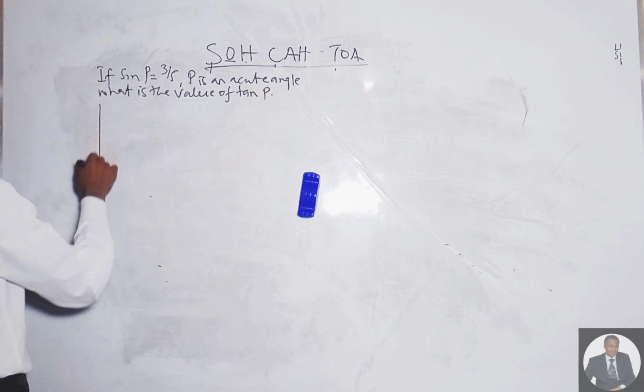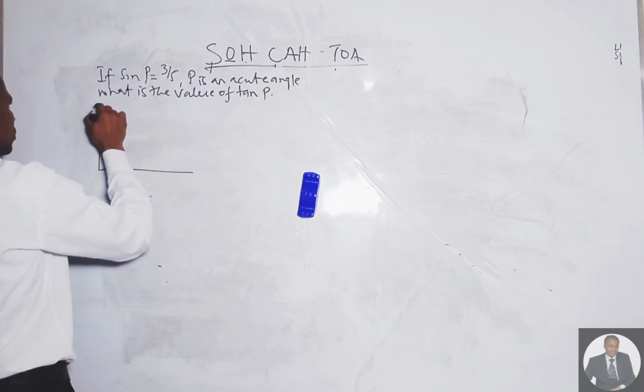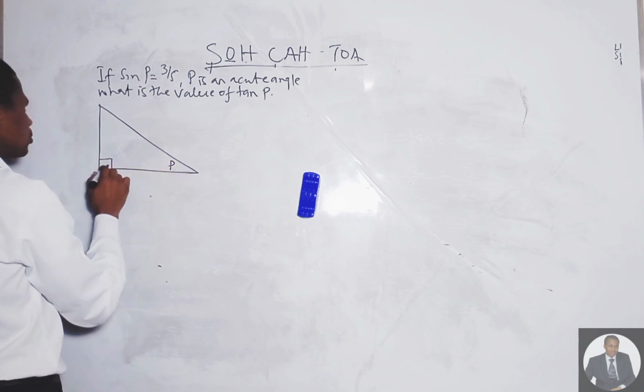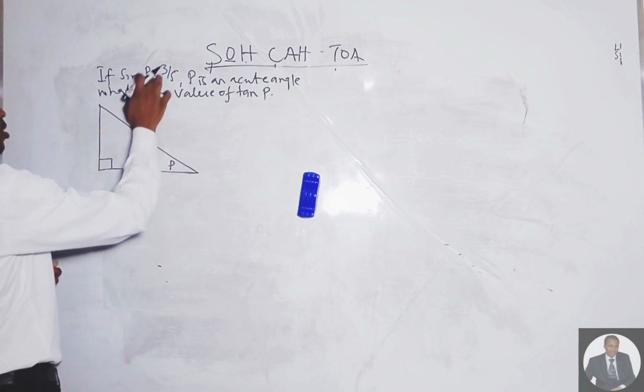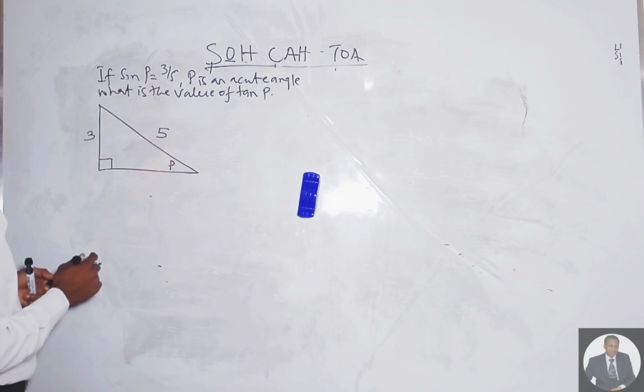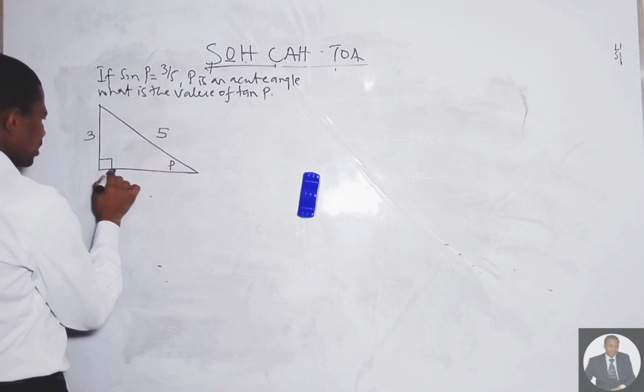So we draw the right angle triangle. We call this P, it is a right angle triangle. Sine P is opposite over hypotenuse. So what will be this adjacent side?